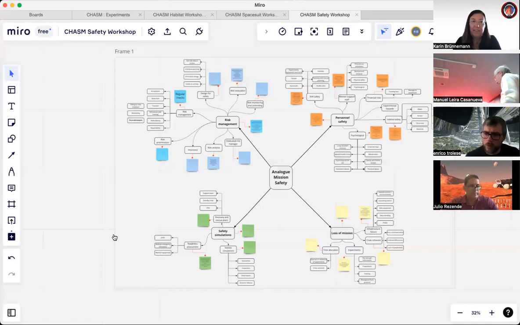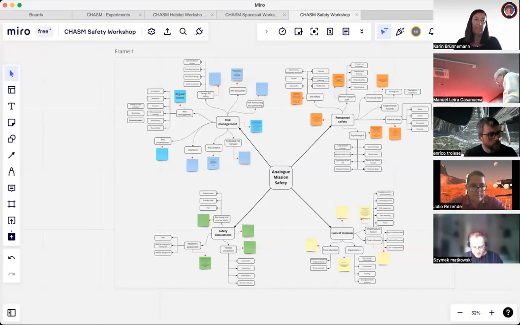One that came out from Linares was that they literally had somebody that got COVID and was sick. So the idea of have you planned for it, and how do we have systems in place to react to somebody literally being sick.